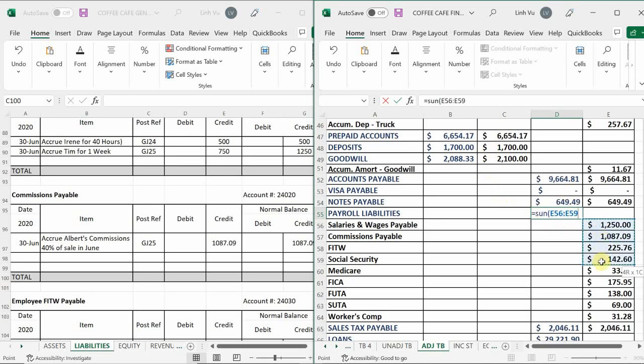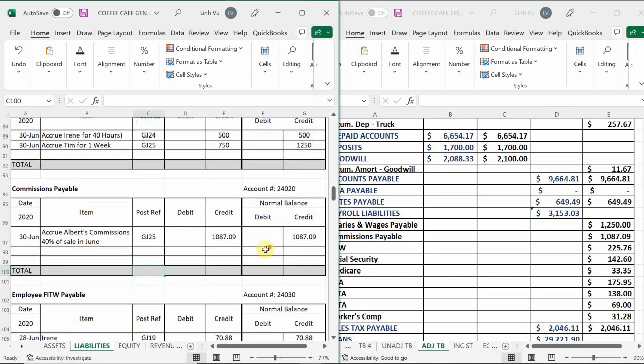So I am going to go all the way down to workers' compensation. Everything included through workers' compensation: salaries, commissions, FITW, FICA or Social Security, Medicare, FICA, FUTA, SUTA, and workers' comp. So now I'm at $3,153.03.